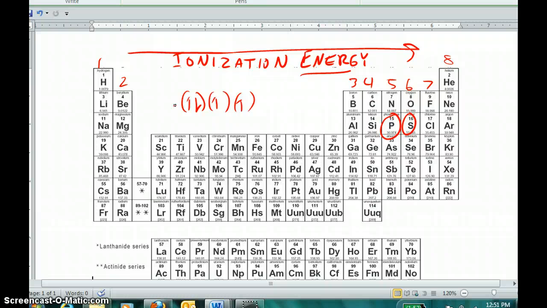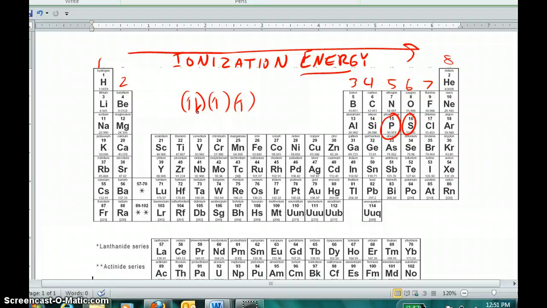So if I were saying who has a lower ionization energy and why, I'd say the group 6 atom sulfur, because the electron being ionized is a paired electron experiencing greater repulsion than the unpaired electron from phosphorus.